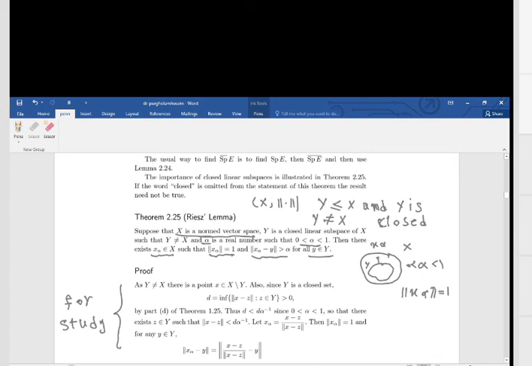So x alpha is a unit member, and the norm of x alpha minus y is greater than alpha for any y in Y. So x alpha has at least alpha distance from the linear subspace Y.